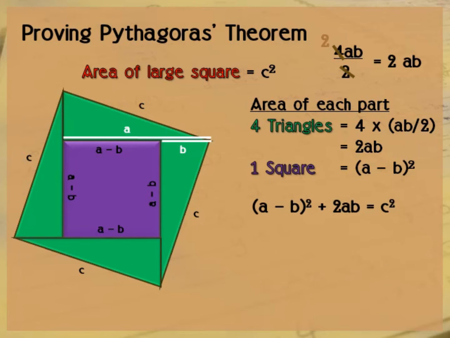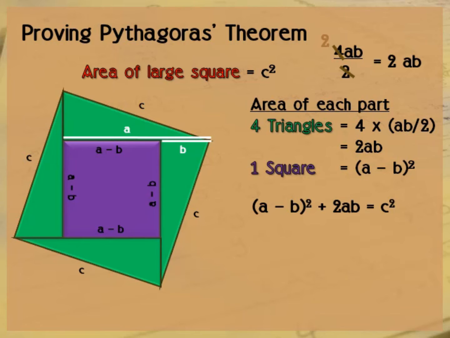And what that gives us is that the area of the large square, c squared, is going to be equal to the area of everything else added up. So a minus b, all squared, plus 2ab equals c squared.